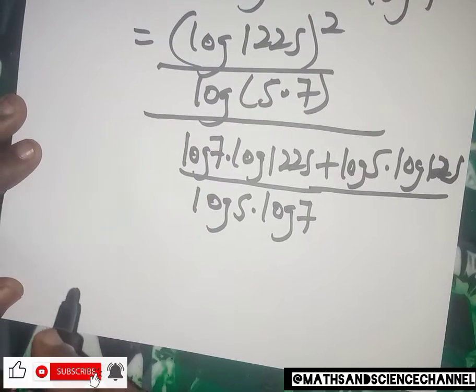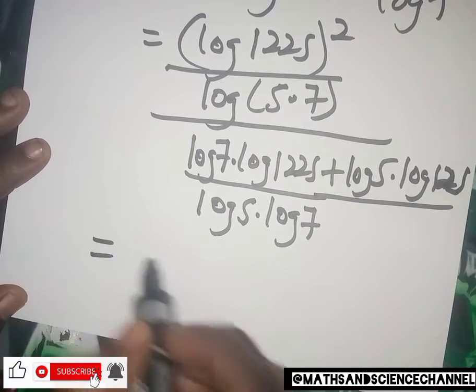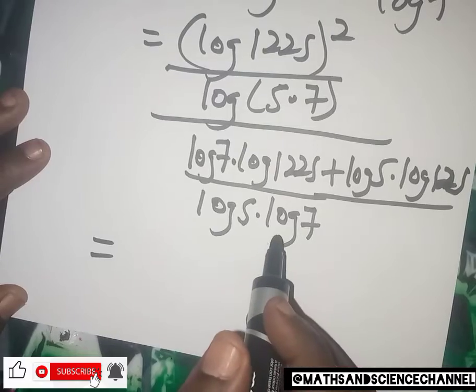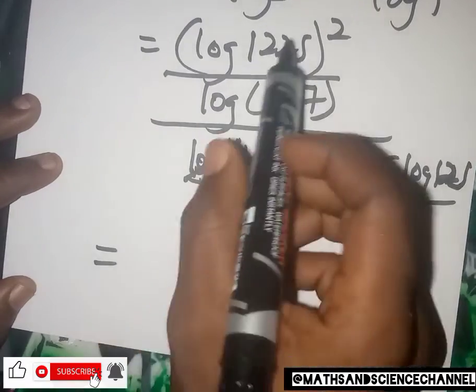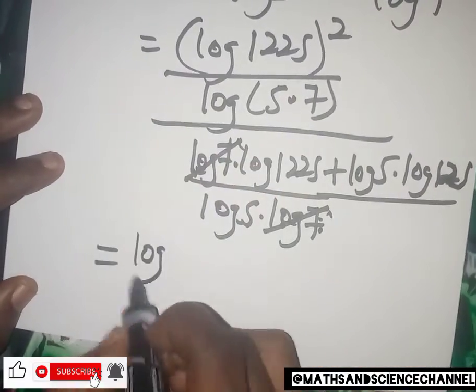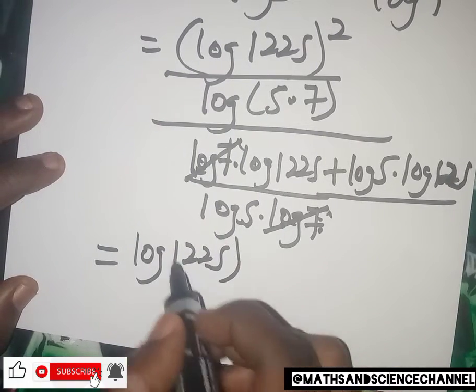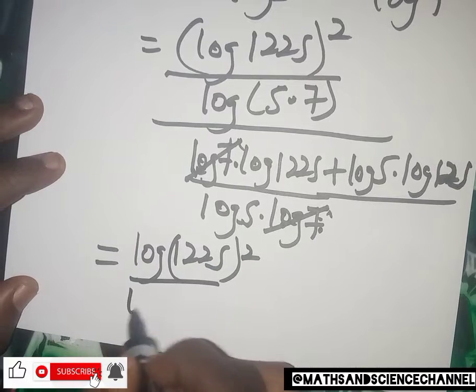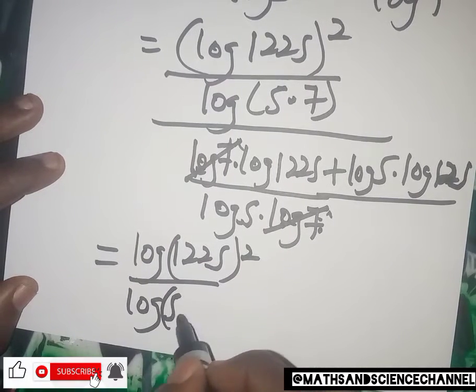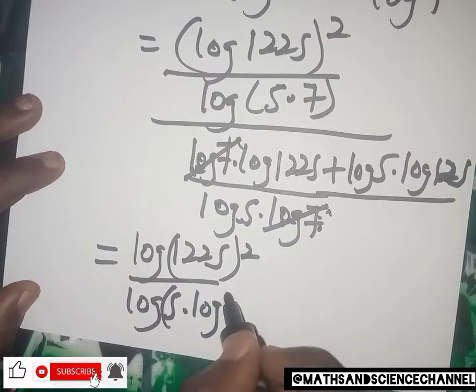And then with that we can go ahead and multiply through and add through also. So with the one at the top, we can have log 1225 all squared, divided by log 5 multiplied by log 7.